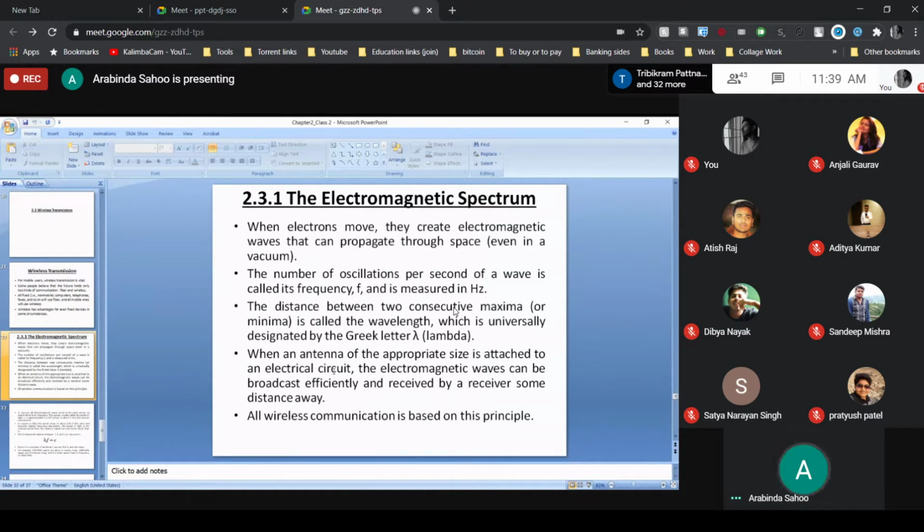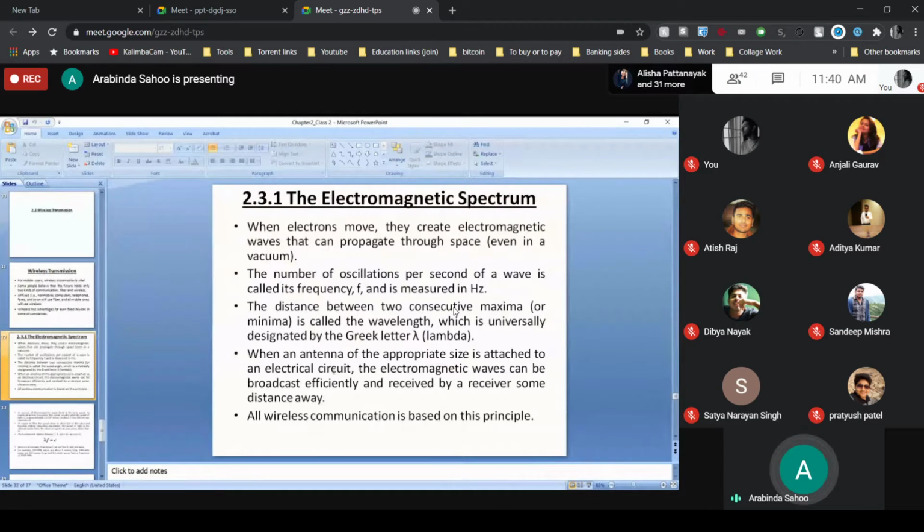Whenever you pass electric current through a copper wire, it also generates some electromagnetic radiation, and this radiation normally propagates through space.